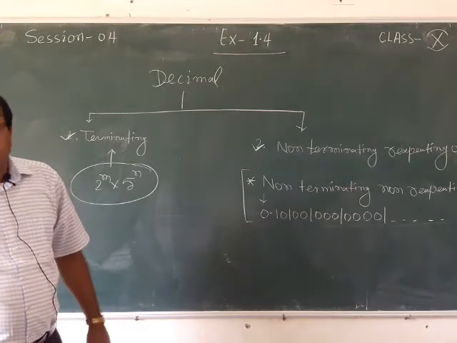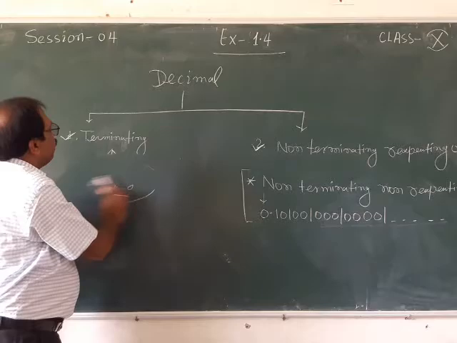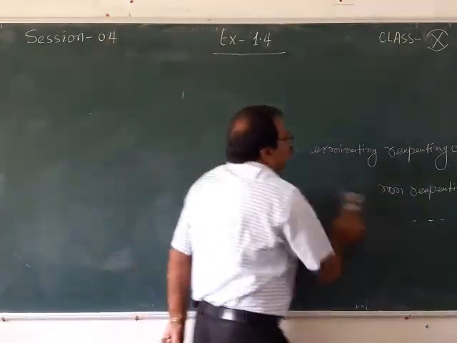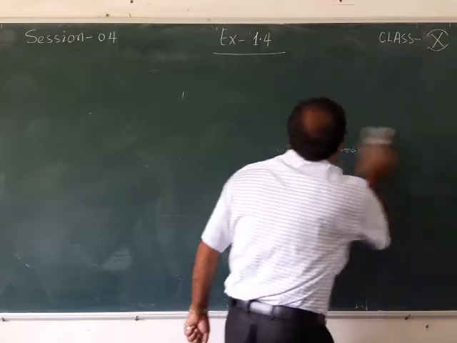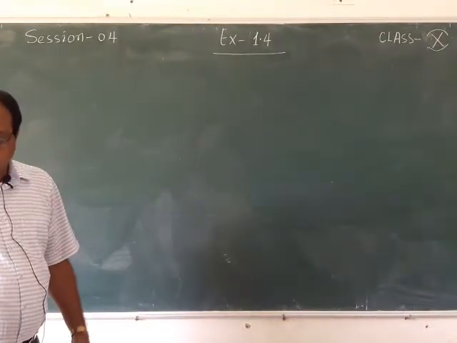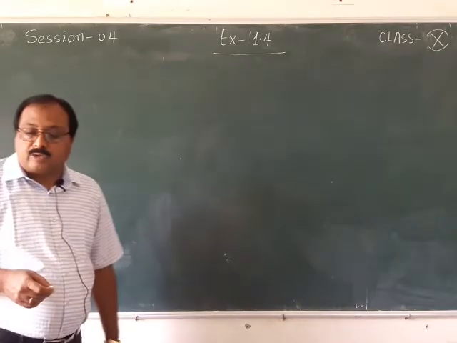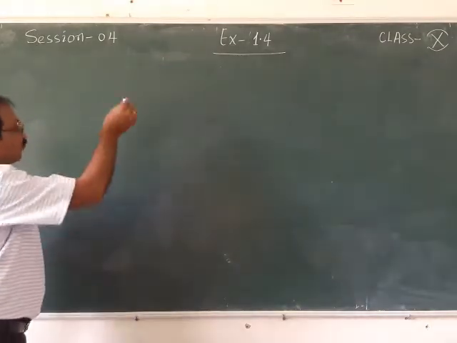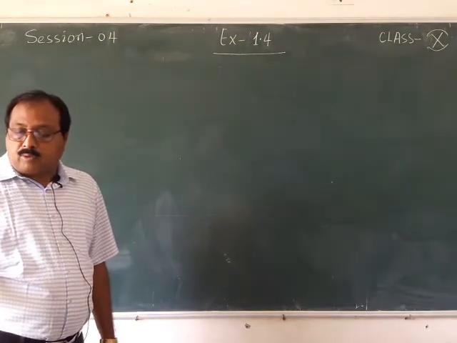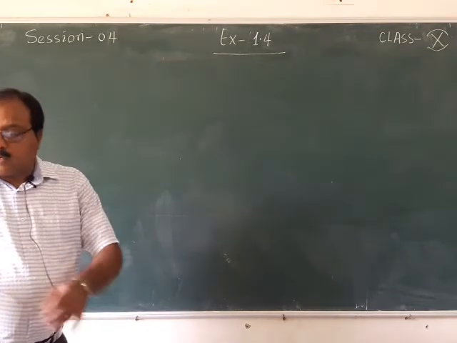So let us see the questions based upon this fact, that is exercise 1.4. Let us observe the question, then the thing will be clearer. Turn to exercise 1.4, question number 1.